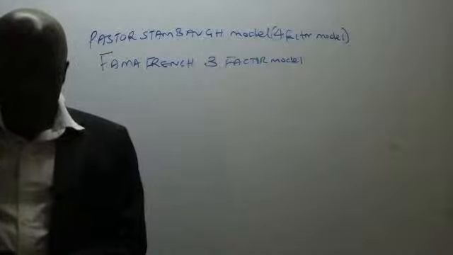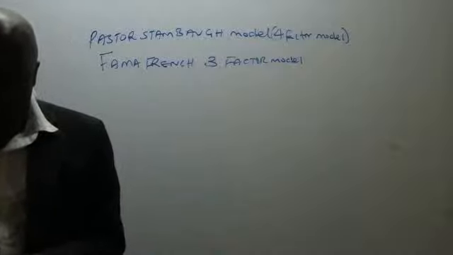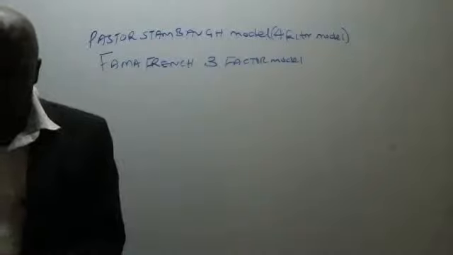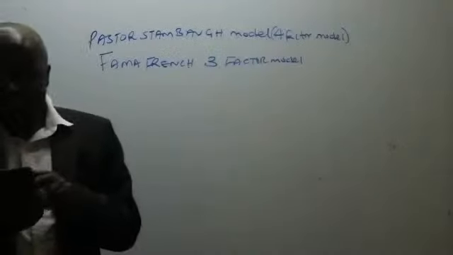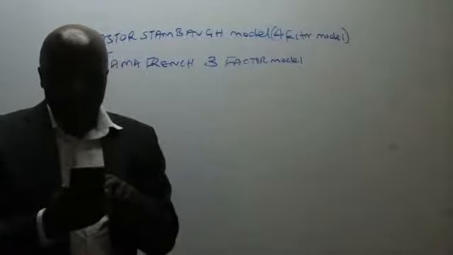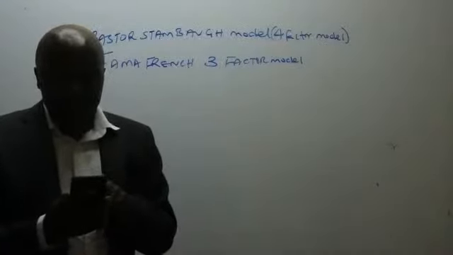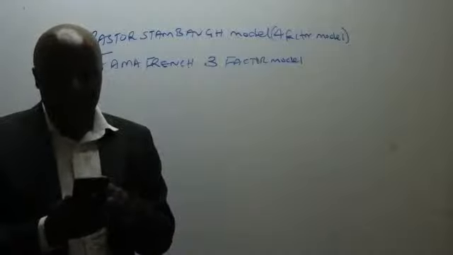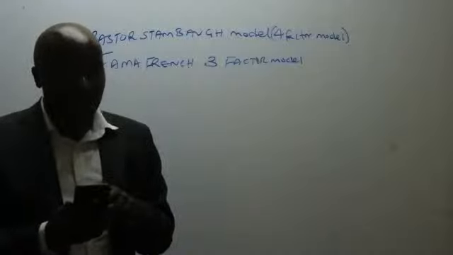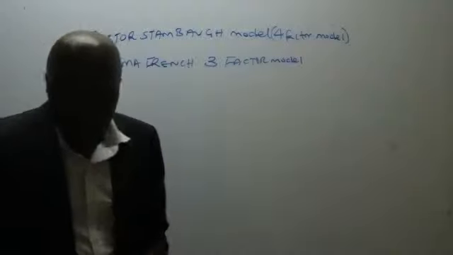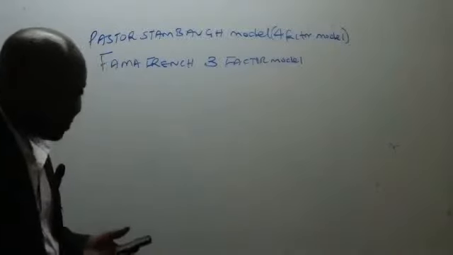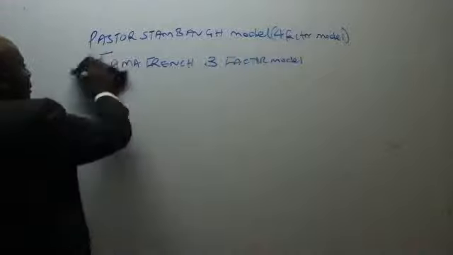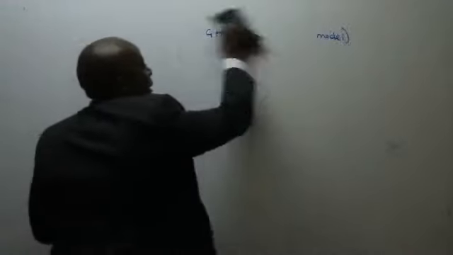Thank you very much. So the estimated factor sensitivity of Diamond Limited to Fama-French factors and the Pastor-Stambaugh model factors, and the risk premiums associated with those factors, are given in the table below. So they have given us the table nicely there. This is a good examiner, an examiner who is wishing students success, not a sadist.